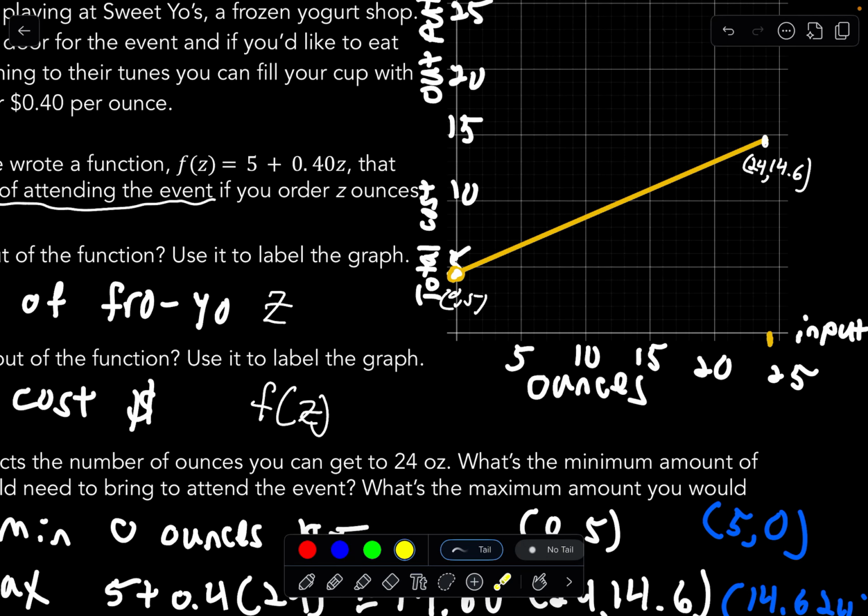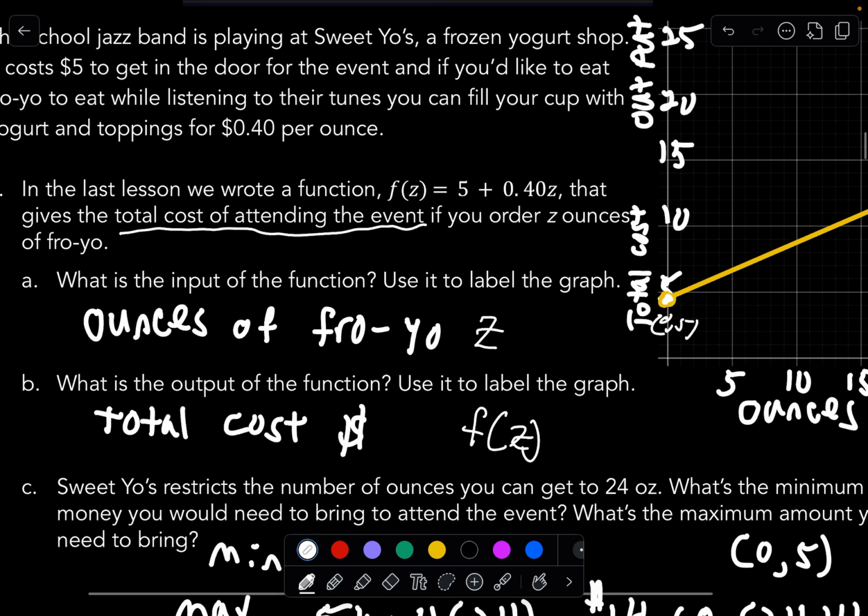So here notice I labeled the bottom, the horizontal axis, as z, ounces of froyo. Well, the output of the function is f. Remember, this is the output, whatever that is.